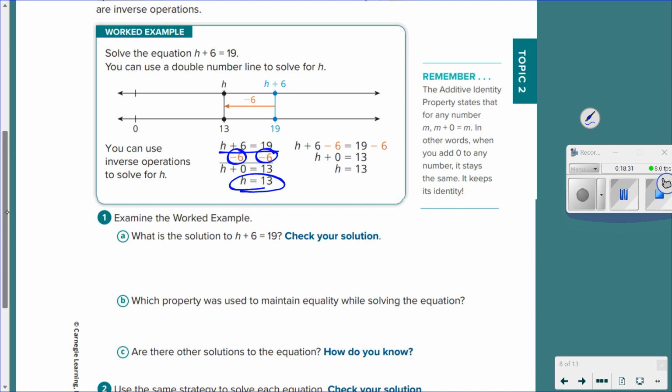You have to do it on both sides of your equation. Because if I only do it on one side, if I do h minus 6 equals 19, and I only take away from here, h minus 6 does not equal 13. How can h minus 6 equal 19 and 13?